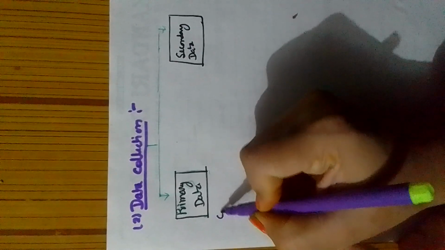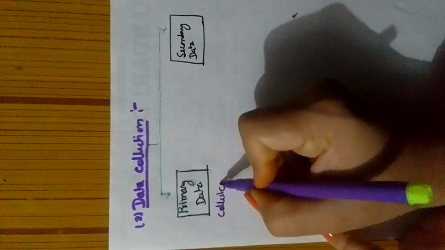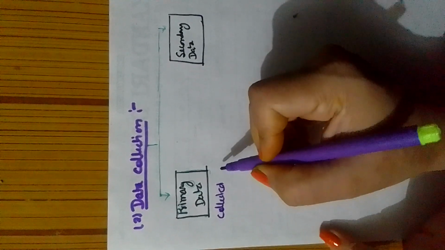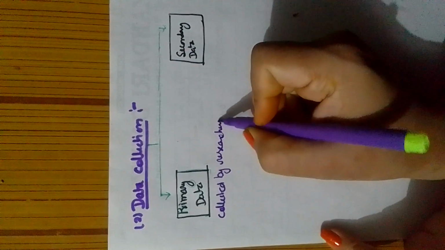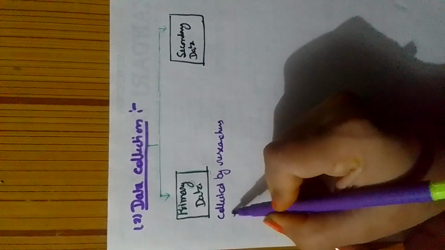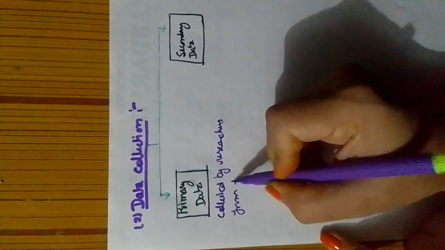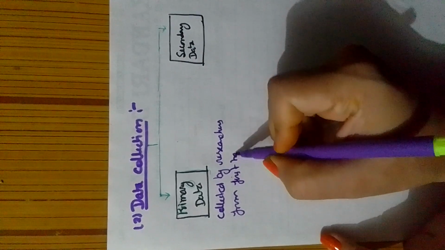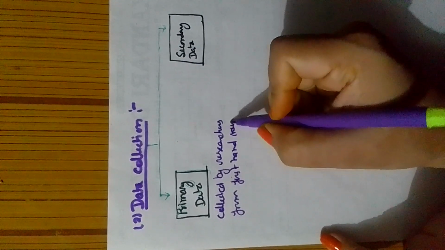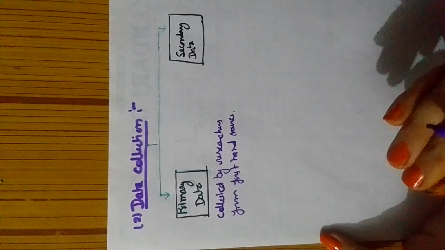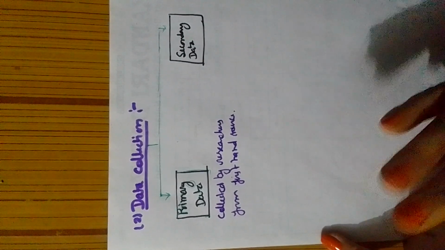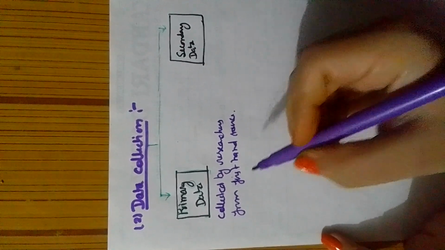So the definition is: collected by researchers from a first hand source. I mean to say that it is not available in the market, it is fresh data, from a first hand source.